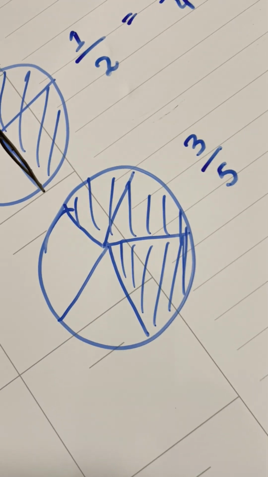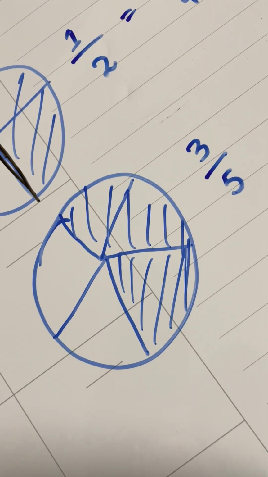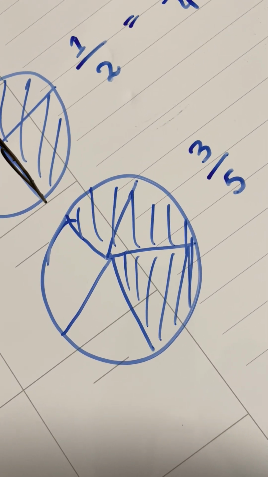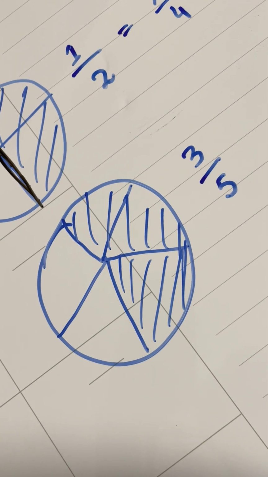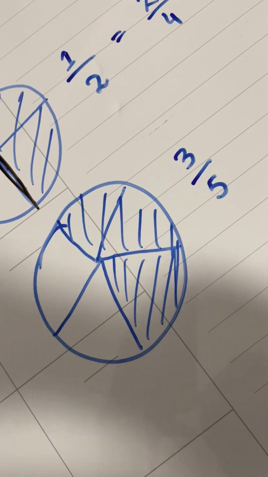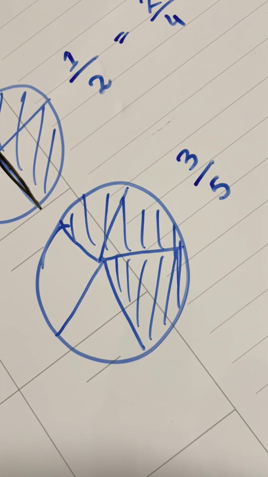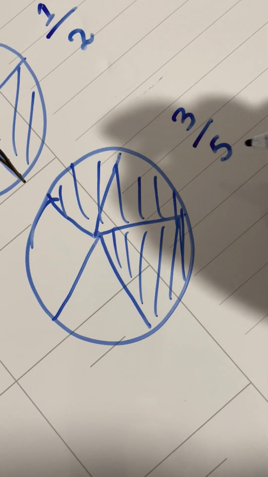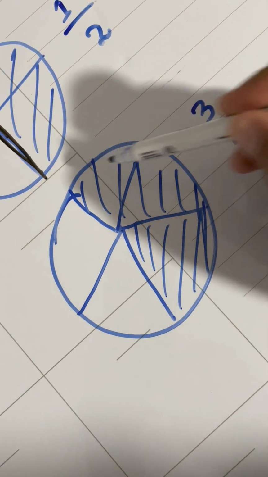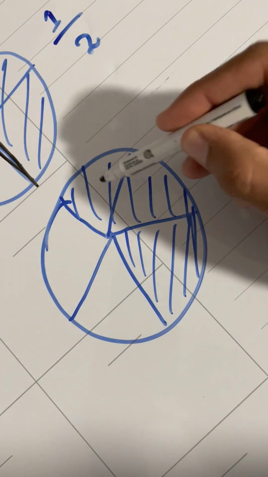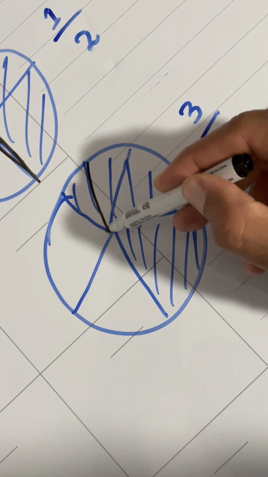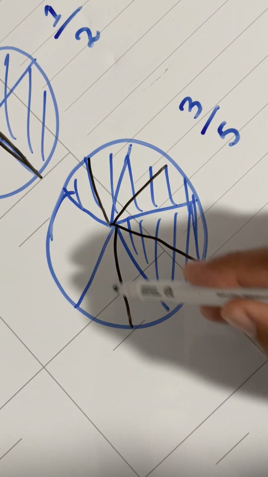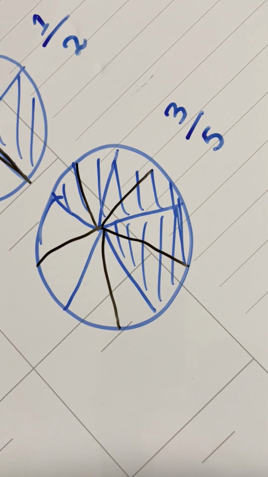If we come back to this one, for example, this is 3 by 5. And now if we further divide each part, just like we did there, let's say this one, this one, this one, this one, this one.